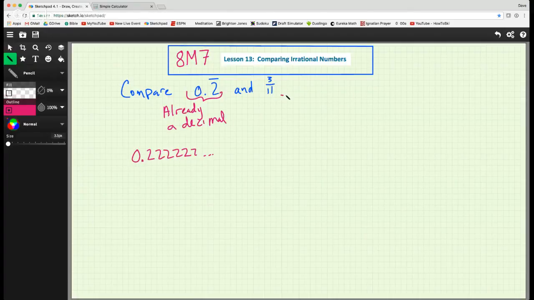Well, 3/11, let's do long division. We have that other strategy that we learned about in lesson 11 or 12, I forget, where we could not use long division. But long division is by far the easiest way to turn a fraction into a decimal in my mind. So let's see what happens.